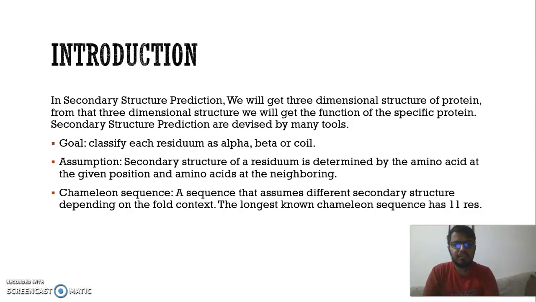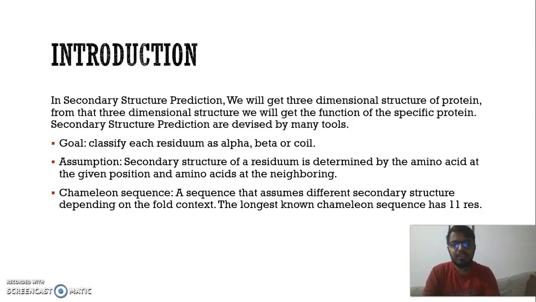Now the assumption is that the secondary structure of a residue is described by its amino acid at the given position, because the type of amino acid defines how it is going to provide steric stability with its neighboring amino acids.